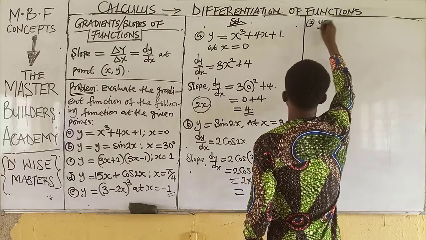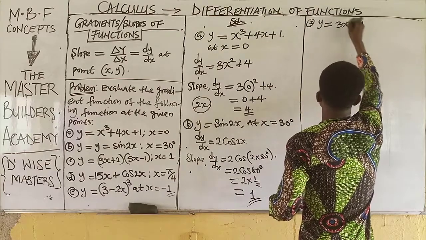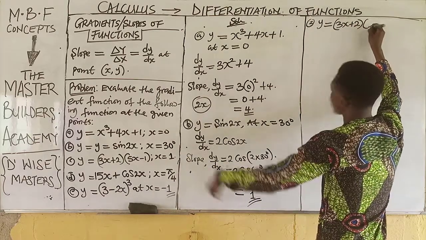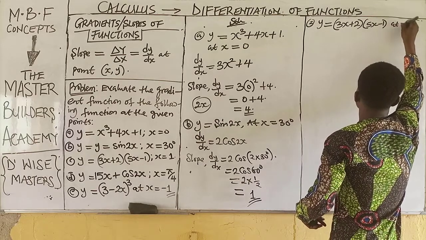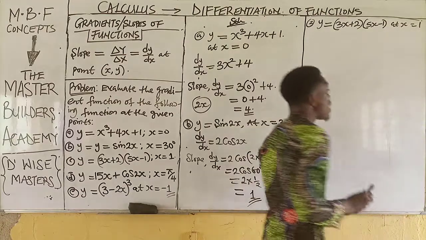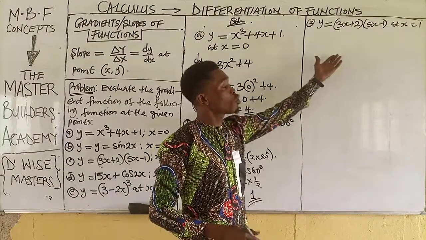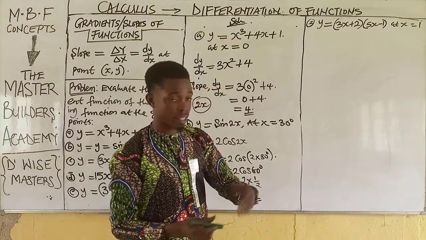Now we have question number 3 on the board. We are given that y is equal to (3x plus 2) into (5x minus 1) at x is equal to 1. Now, guys, for us to be able to obtain the slope here, we equally need to differentiate this function once.